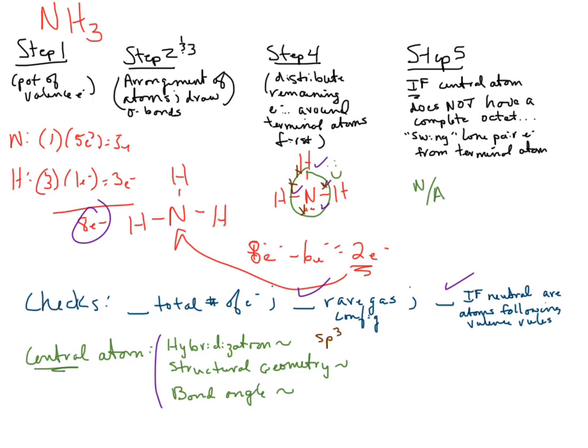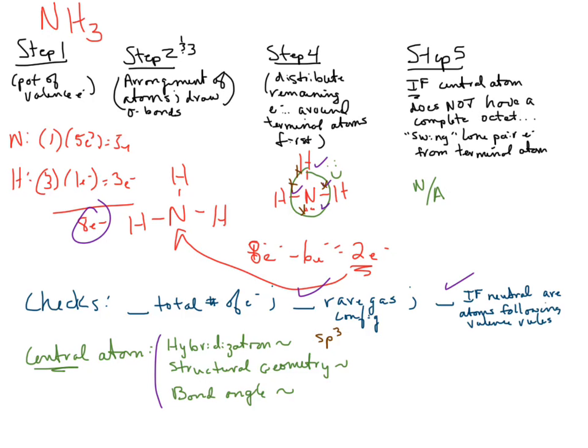I'm not going to redraw it here. In your background information for today's lab, you have that table with 3 rows. You had a row that said 2, meaning sigma bonds and lone pair electrons. Then a row that said 3, and then a row that said 4.